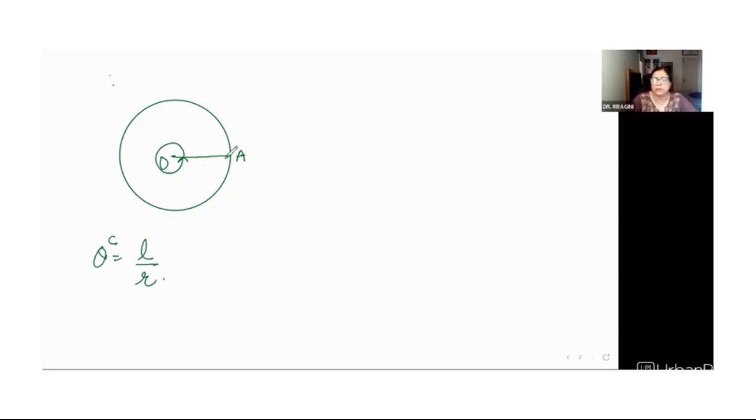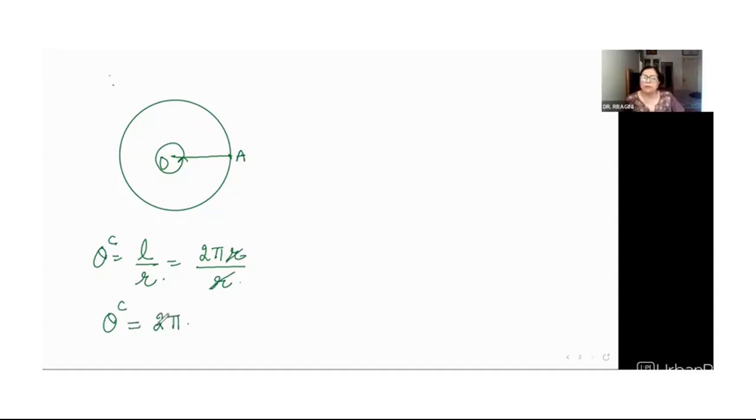What happens if we consider the length of the arc as a whole circle? Length of arc is the circumference of this circle, right? What is that? It is 2 pi r. In case of complete angle, the length of arc is equal to the circumference of the circle. So this is 2 pi r divided by r. So theta in radians is equal to 2 pi.